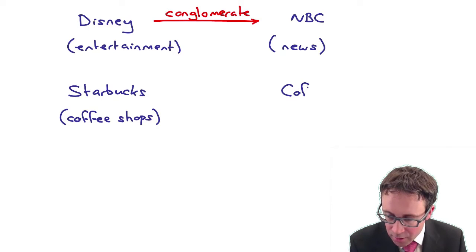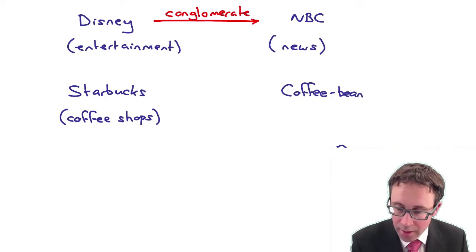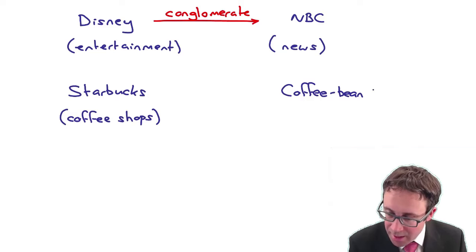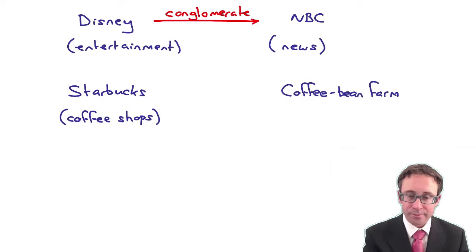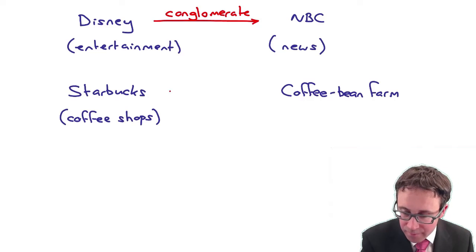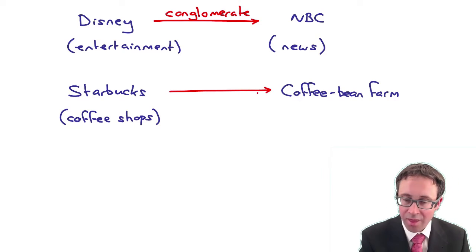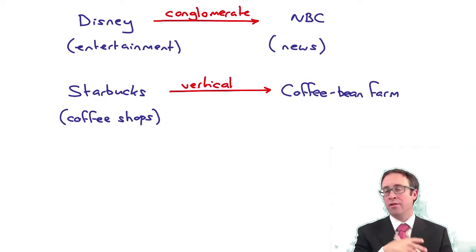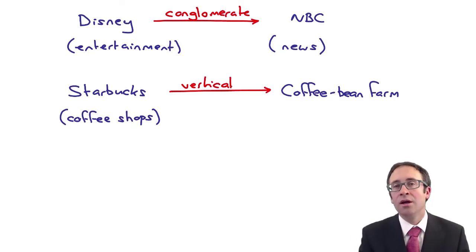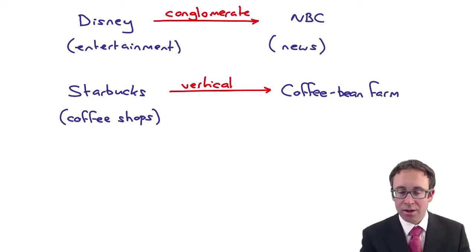So maybe they could go through that and acquire a coffee bean farm. Okay. Again, what you've got there, that is an example of a vertical merger, a vertical acquisition, vertical integration.